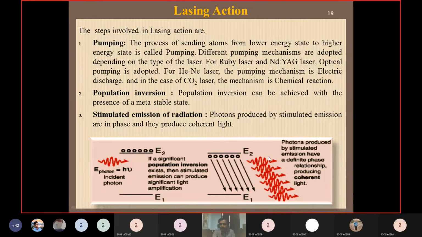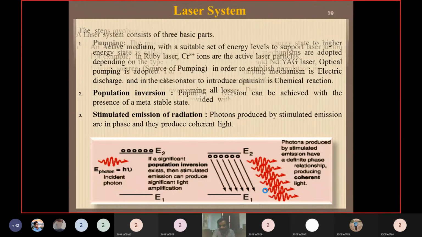Because of stimulated emission of radiation, all emitted photons are in phase, and because of that, the emitted light is coherent light.